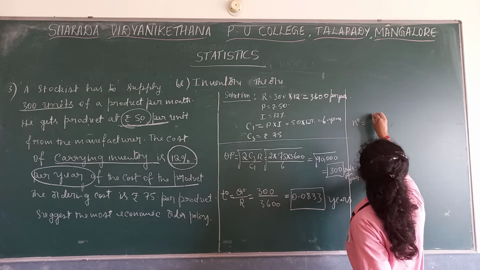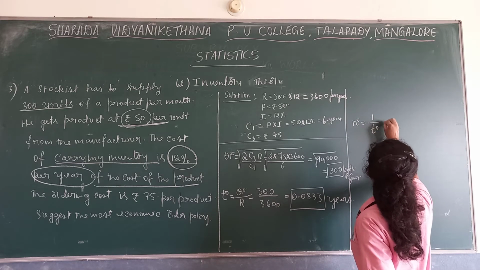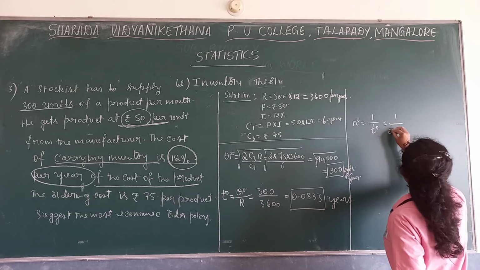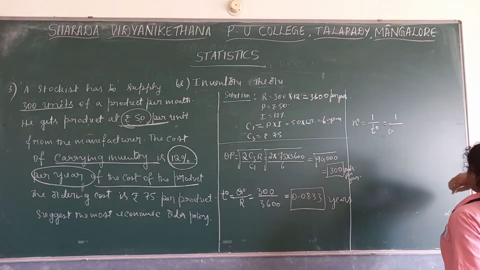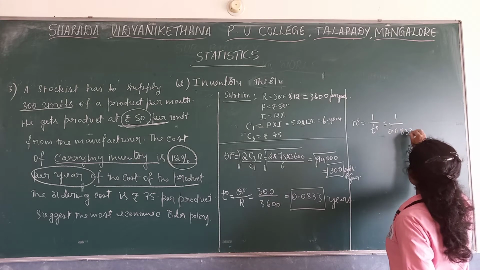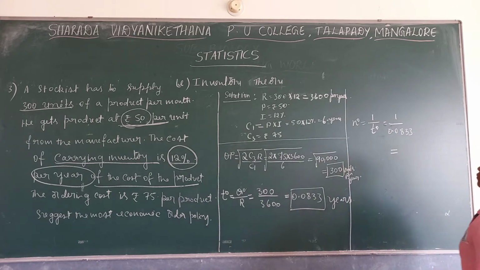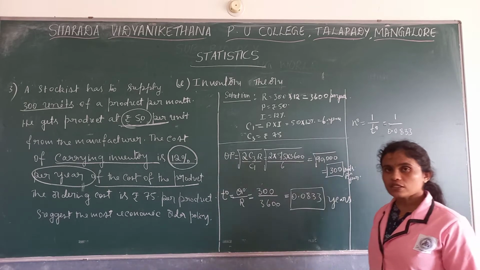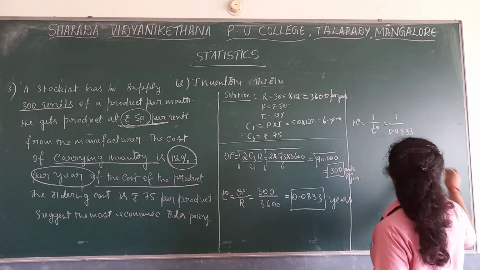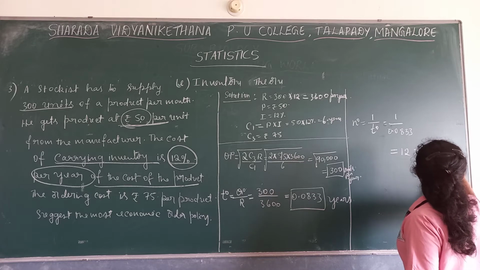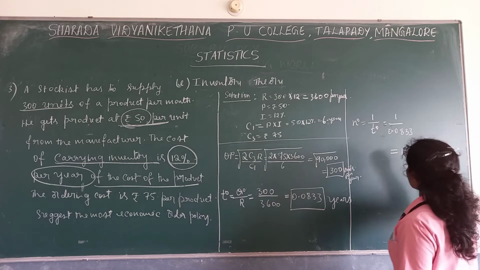N0 is equal to 1 by T0. 1 by T0 we got as 0.0833. So when you divide 1 by 0.0833, we get 12. That is nothing but 12 orders, which you can take as orders per year.